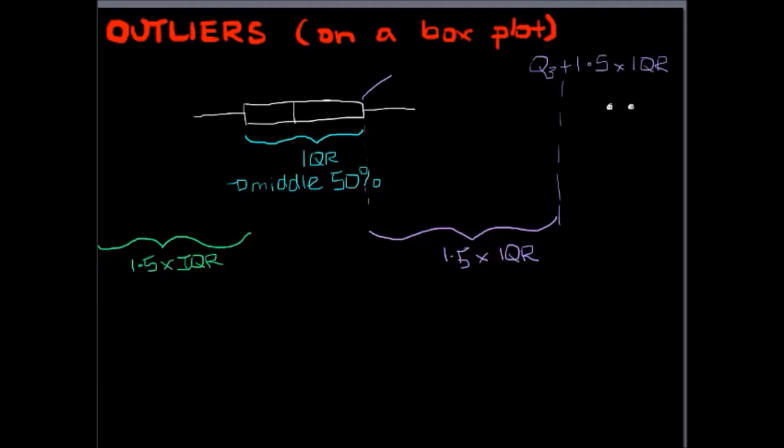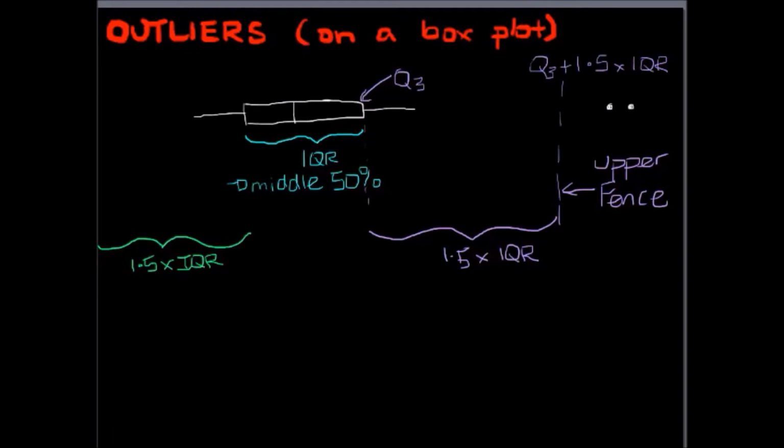So because this is my Q3 here, my third quartile, that is the distance of my Q3 plus 1.5 IQR. This dotted line here is called my upper fence. And any dot that is bigger than my upper fence is shown as an outlier.